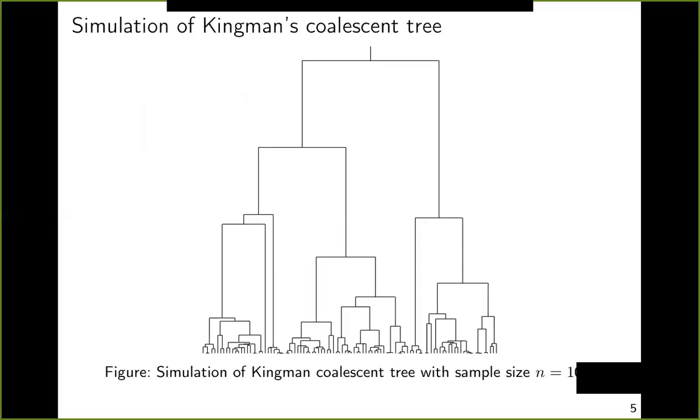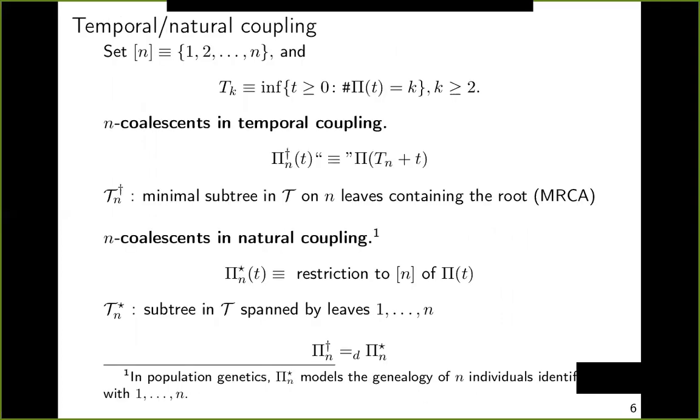Now here is a simulation of a subtree of the coalescent tree on 100 leaves. Now there are two interesting couplings sitting in this coalescent tree. So let Tk define the first time that pi reaches a partition of exactly k blocks.